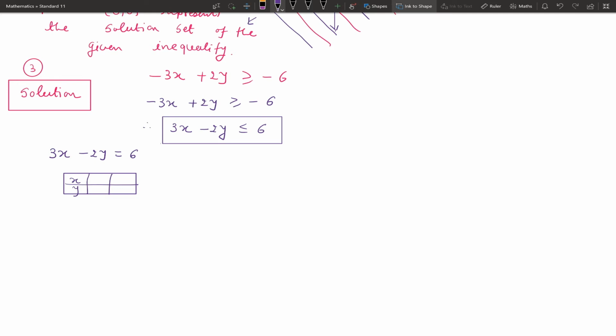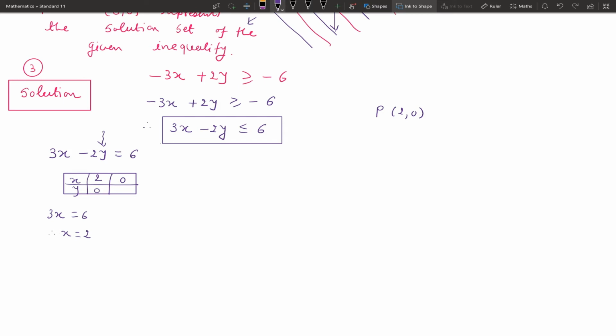We take y coordinate 0. If you put y equal to 0 in the equation, 3x equal to 6, so x equal to 2, so point P(2, 0) lies on the given line. Now we take a point on the y axis. If a point lies on the y axis, then the x coordinate will be 0.